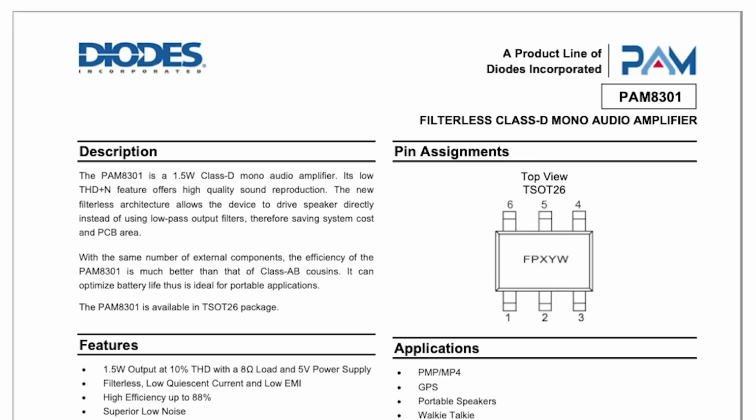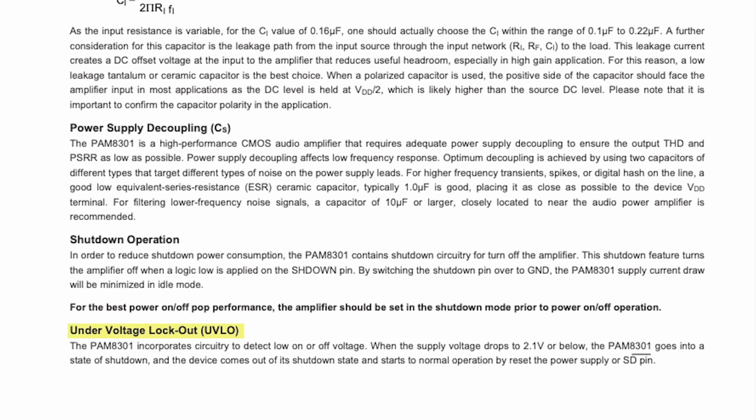The PAM8301 can be operated without an output filter, simplifying the overall circuit design and reducing the number of external components required. It has a built-in undervoltage lockout that goes into shutdown when it's below 2.1 volts. The shutdown has to be toggled back off and back on again after charge and then shut down again. It uses less than 1 microamp.